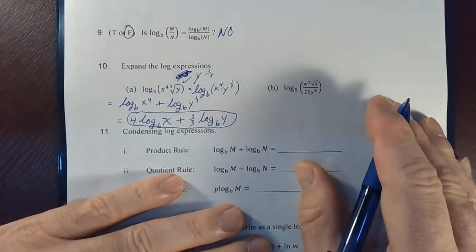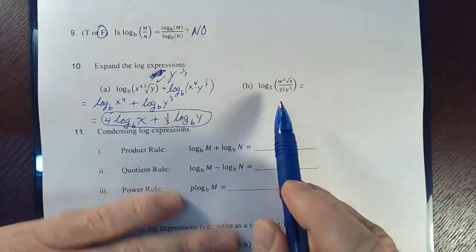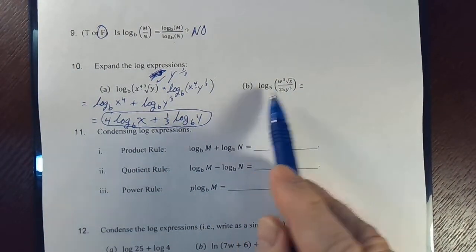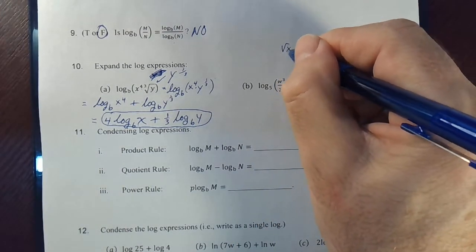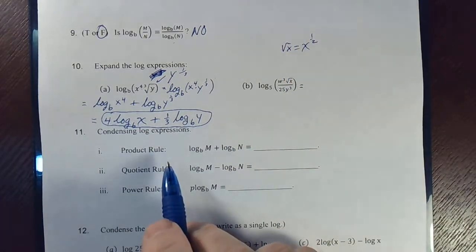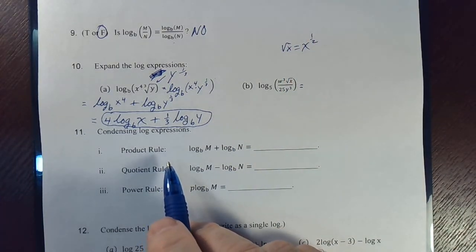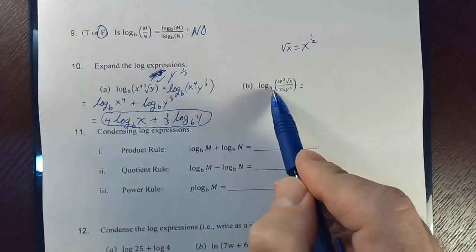All right, let's go to the second one. Well, first thing I'm going to do is, what do you think? Well, I'm going to do two things at once just to save some space. I'm going to make a note that radical x is x to the 1/2, so I'm going to rewrite that as x to the 1/2. But I'm also going to do what? Am I going to do the product rule first or the quotient rule first? I'm going to do the quotient rule, because this is the entire top divided by the entire bottom.